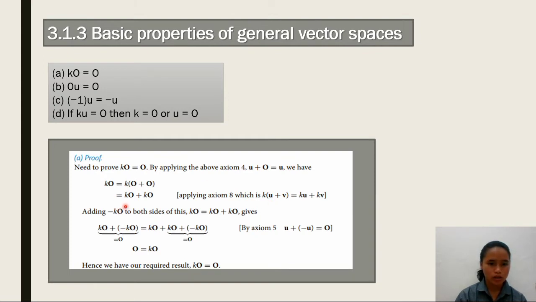So hence k0 equals k0 plus k0. So adding minus k0 to both sides of this, k0 equals k0 plus k0, gives 0 equals k0. So this we get from the axiom that u plus minus u equals 0. So hence we have our required result, k0 equals 0.